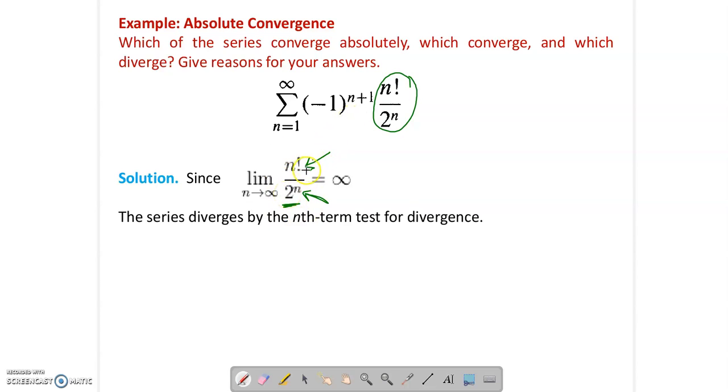Here we can see that the growth of n factorial is faster than the growth of 2 to the power n as n increases. So the limit as n tends to infinity of this quantity will tend to infinity. By the nth term test for divergence, since this limit is infinity, we can say that this series diverges. And when you find the limit as n tends to infinity, if you consider the alternating sign alongside, you will have plus minus infinity, so that does not make any difference.